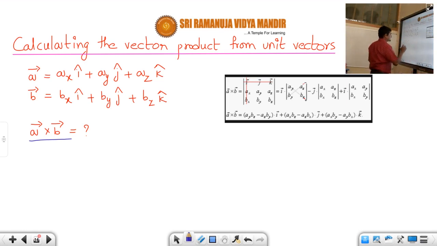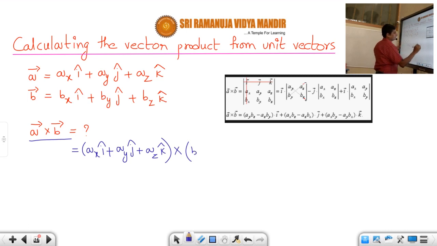what we have to do is multiply AX into i cap plus AY into j cap plus AZ into k cap, cross the second vector, that means BX into i cap plus BY into j cap plus BZ into k cap.